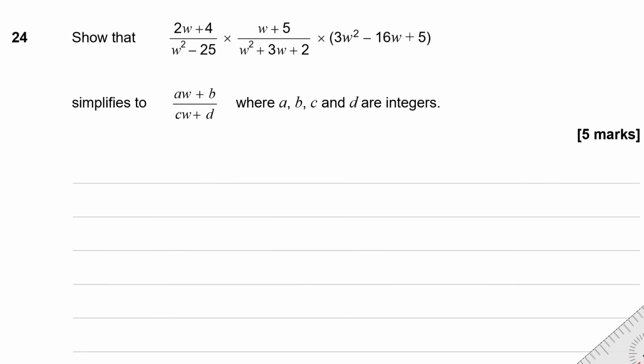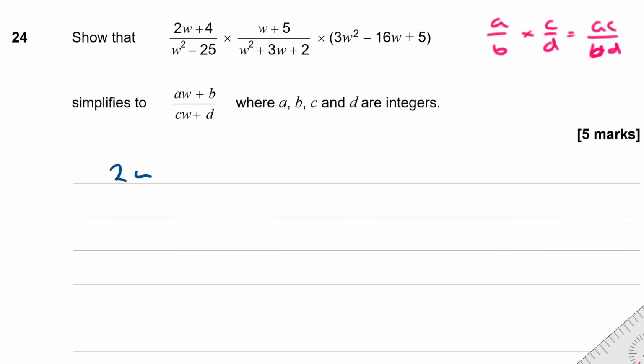If I have a much simpler fraction like a over b times c over d, we would just say that AC over BD. We just multiply the top with top, bottom with bottom, and then we'd see if we can cancel anything out. That's exactly what we're going to do here. We're going to put all of this into one fraction and then see if we can cancel anything.